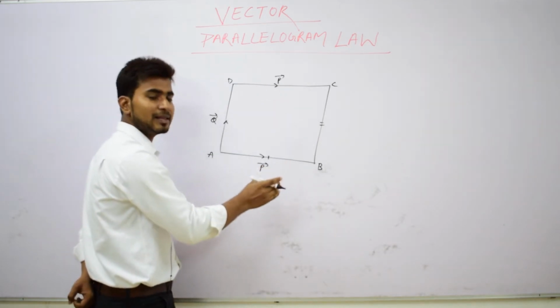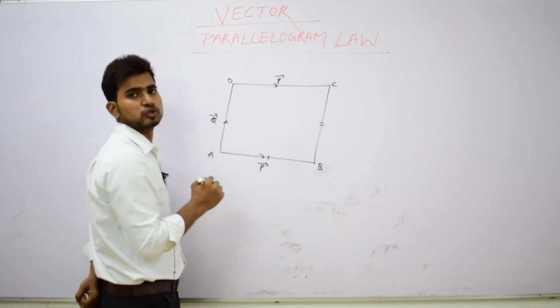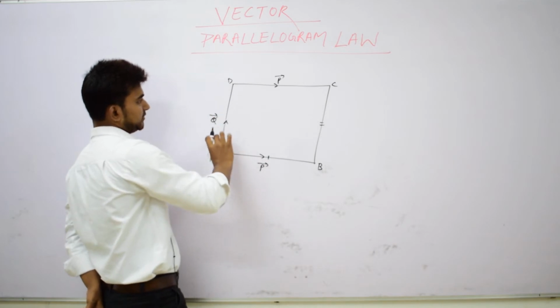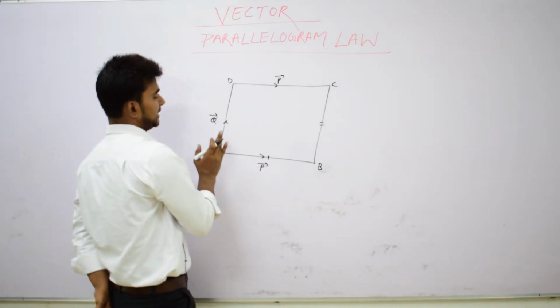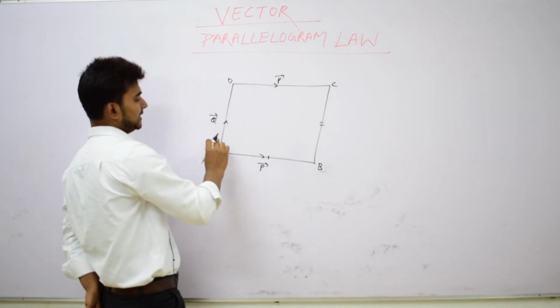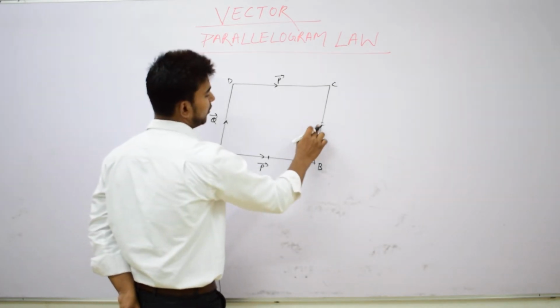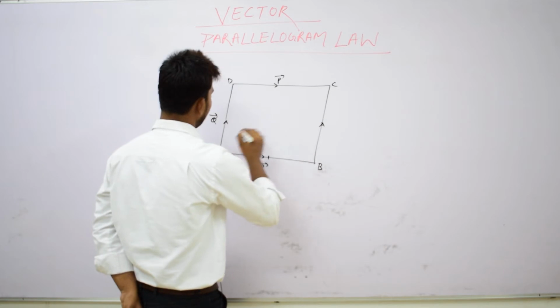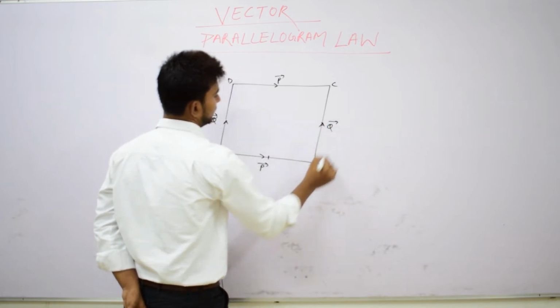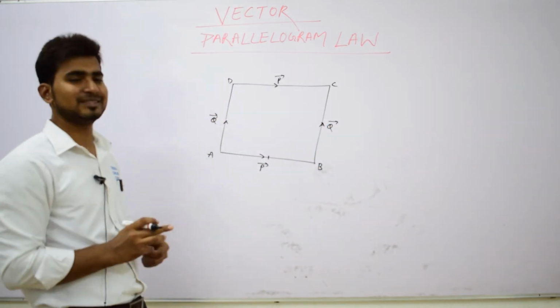Both are parallel, so the vector will also be the same. And the same for AD and BC: if AD is represented by vector Q, then BC will also be represented by vector Q. I hope this is clear.